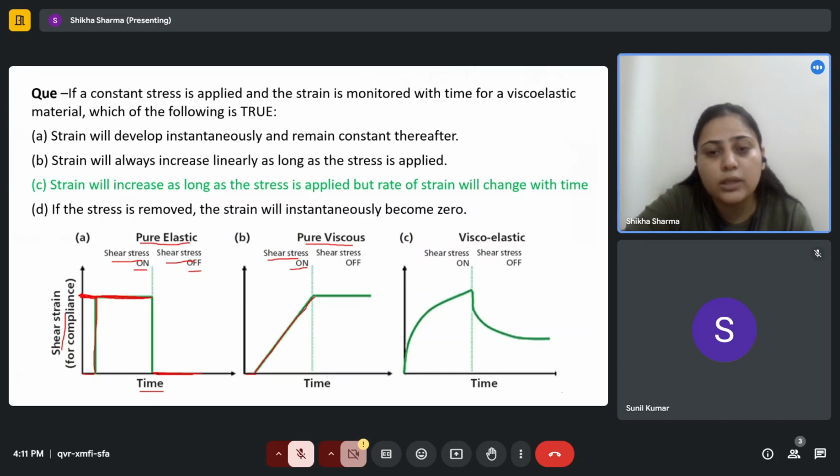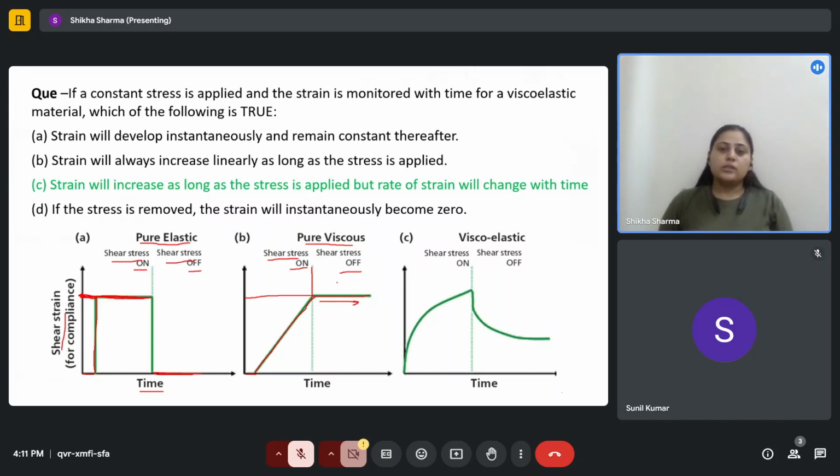It will develop slowly in the viscous material, and when the stress is removed, the strain will stay at the same highest value for some time, right? Even after removing the shear stress, the strain which was developed before will be there as it is.